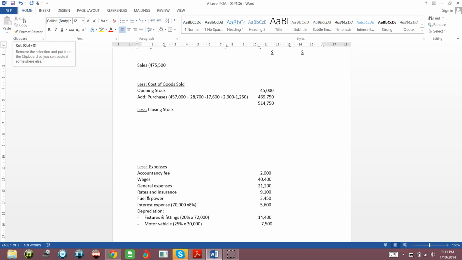So I must add the debtor at the end of the year, which is what I have sold but not collected yet. Then I must minus the trade debtor at the beginning of the year. That is because out of this 475,500, 12,800 was received in respect of last year's sales.